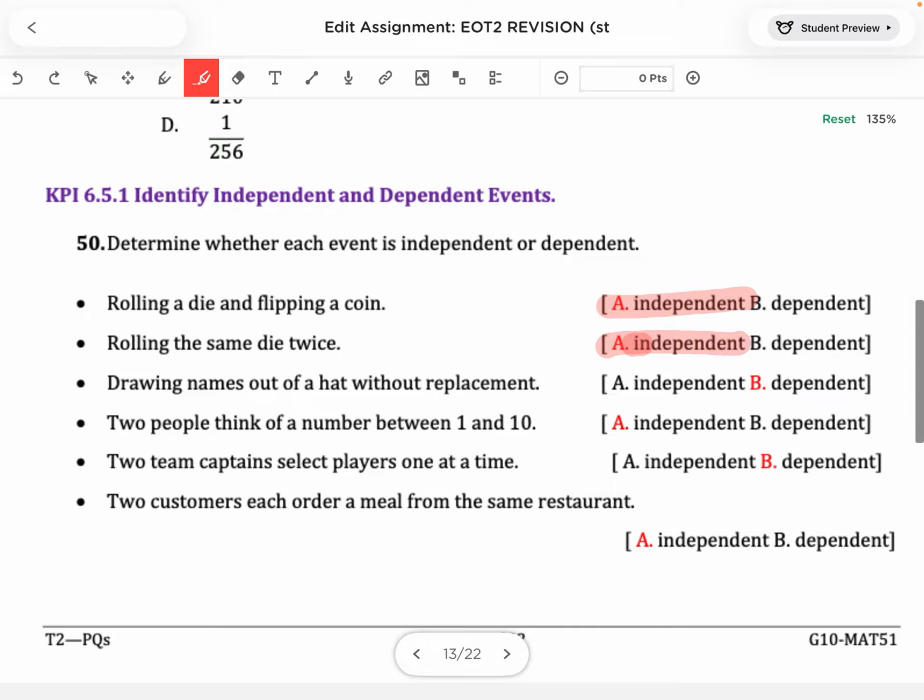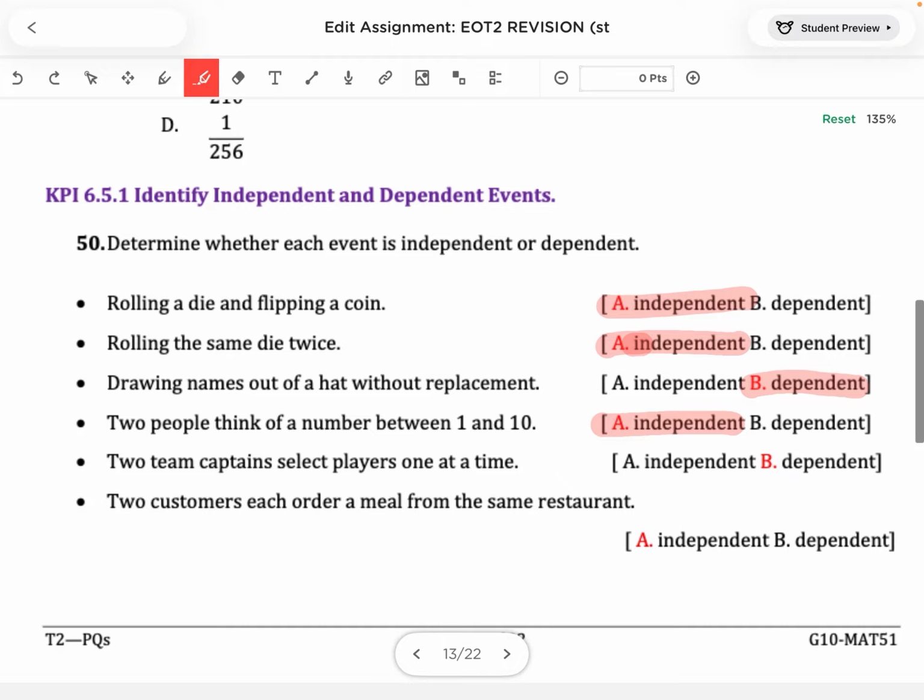Drawing names out of a hat without replacement: they will affect each other, and if you don't replace, the number of names will decrease. Thinking of a number between 1 and 10: independent. If I ask the whole class to think about numbers, we might get some people thinking about the same number. It is fine.